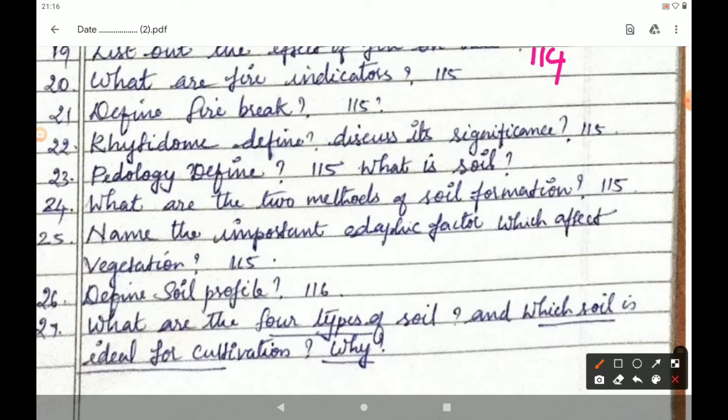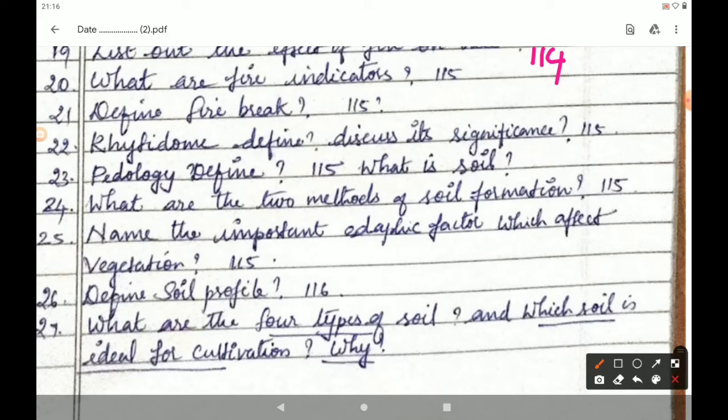The next question is the 25th question. Name the important edaphic factors which affect vegetation. Page number 115. Under the heading soil types, in the third line, the important edaphic factors are given.